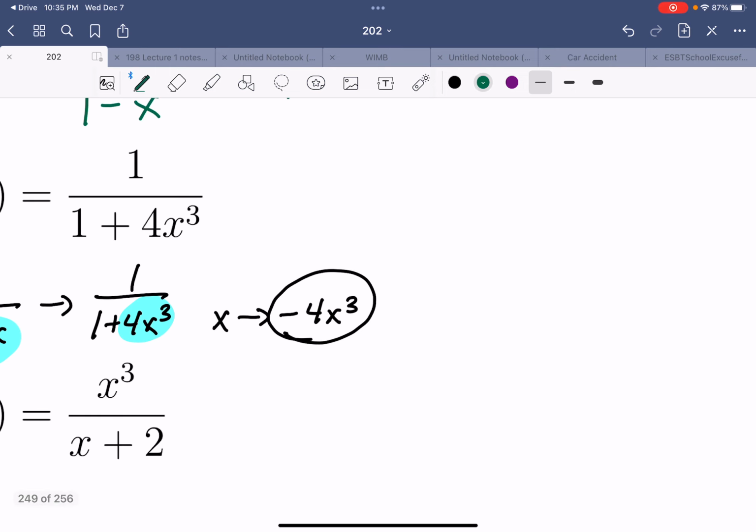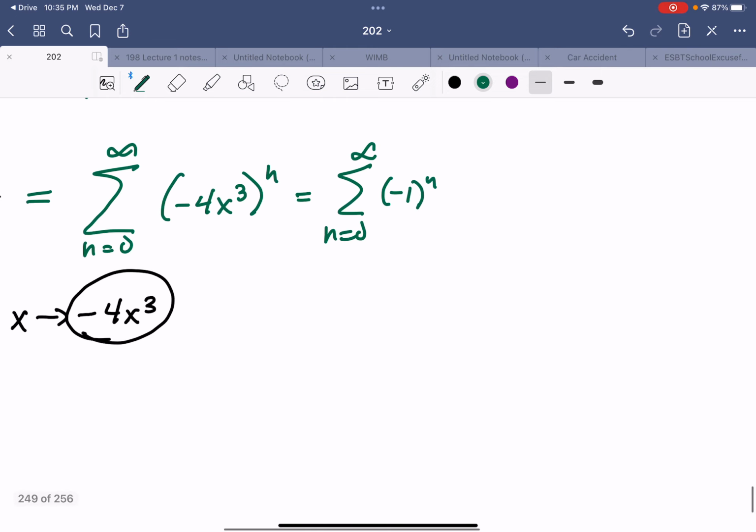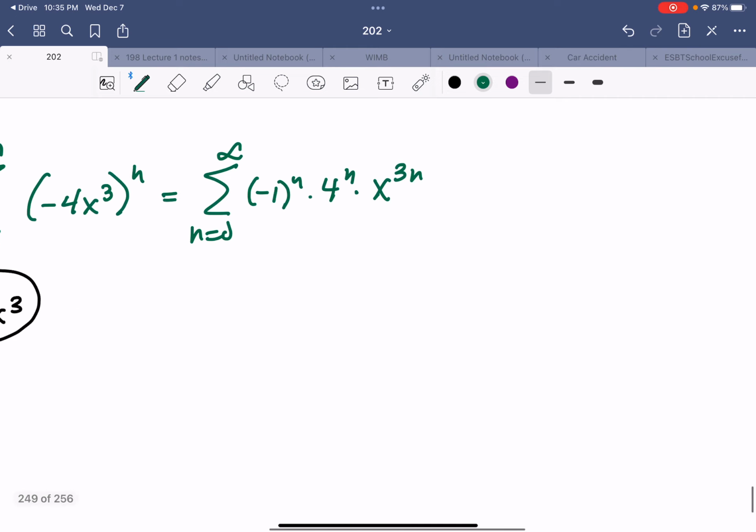So my new series is going to be equal to the sum n equals 0 to infinity, and my x is now negative 4x cubed, to the n. If I separate this out, which you don't have to, it's totally fine that way, negative 1 to the n, so it's alternating, times 4 to the n times x to the 3n. So your powers are multiples of 3 now.